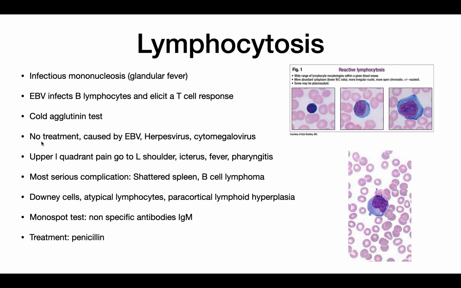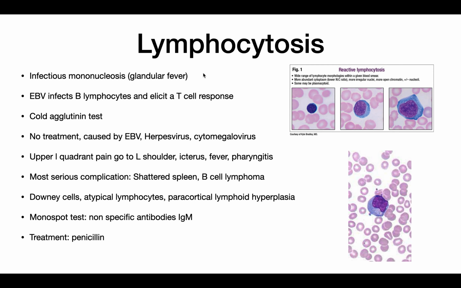There is no treatment in general for the Epstein-Barr virus infection, or herpes virus, or cytomegalovirus. We treat the virus, but in response to the lymphocytosis, we just let that self-regulate.